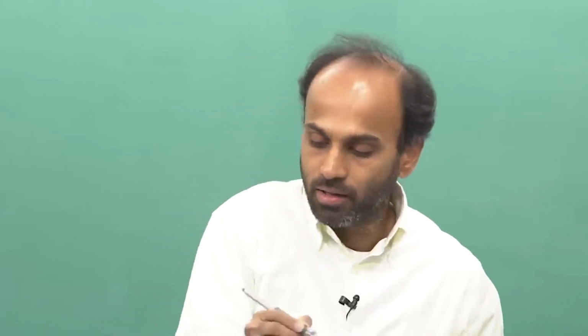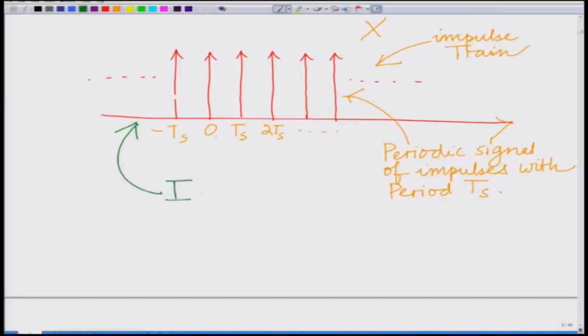The height of each impulse is proportional to the signal level at the time of that impulse. So, one way to sample is by multiplying the original signal with an impulse train. This is also known as ideal sampling or impulse sampling.